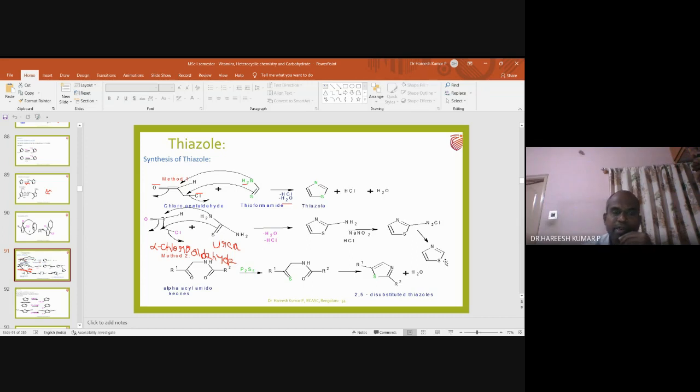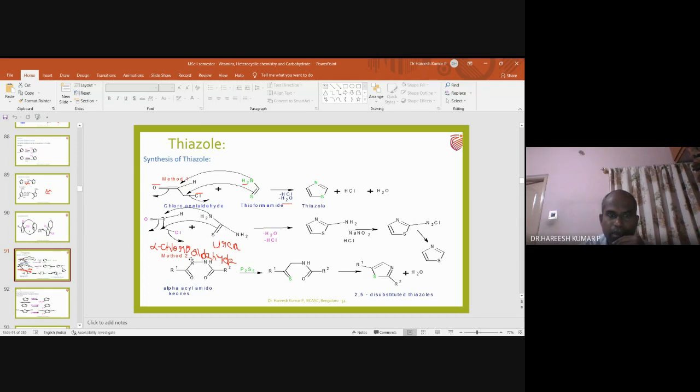The second method of preparation of thiazole starts with N-acyl. This is called N, and this group is called acyl. Where N is attached to the carbon next to the carbonyl group, this position is called alpha, and this complete group is called acetamido.